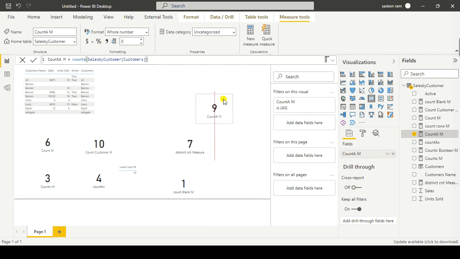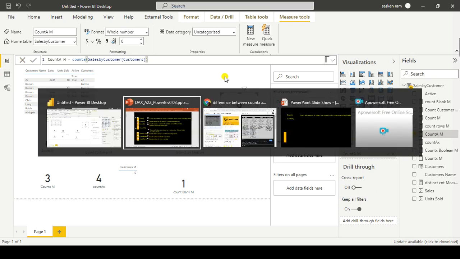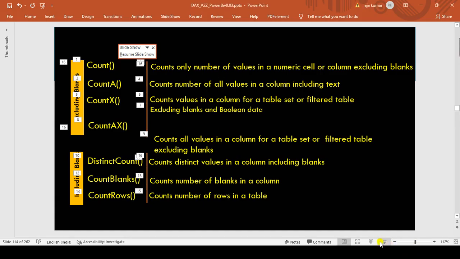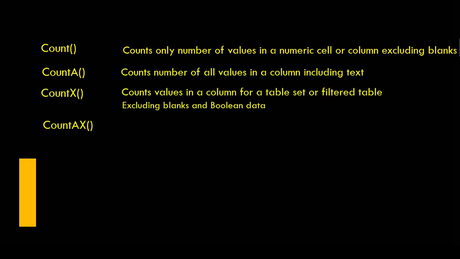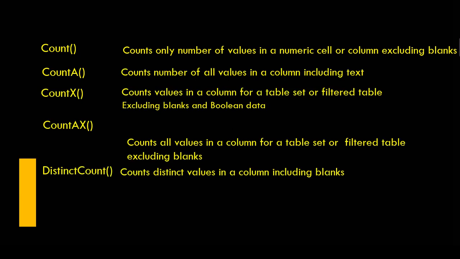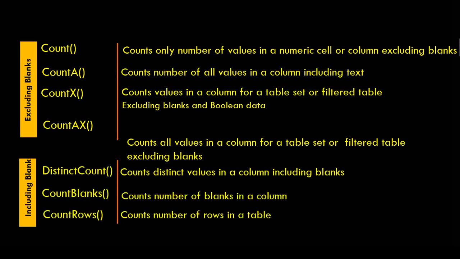So hope you understood the difference between all these 7 different count functions. Hope this helps. Just a quick summary. The count function counts the non-blank values for a numeric column. CountA function counts the non-blank values for all values in a column which includes text.